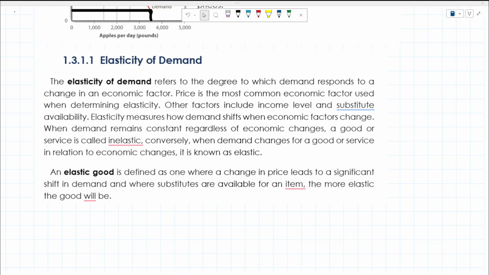When we talk of elasticity of demand, this is a measure of how sensitive, kumbaga kung gaano kasensitibo yung dami ng gustong bumili. How sensitive the number of buyers will be for a certain product even if it changes pricing.